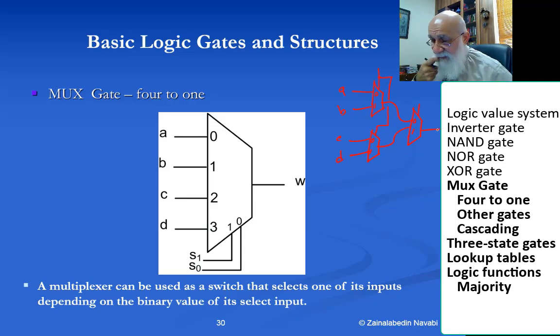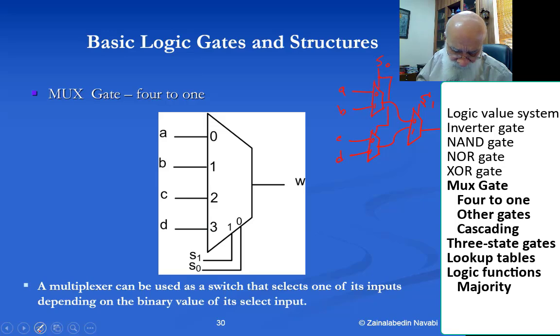Now, I'm going to connect S1 to this and S0 here. Now look at that. If S1 is 0, that means the upper part is going to be selected. And then if S0 is also 0, A is going to go through.